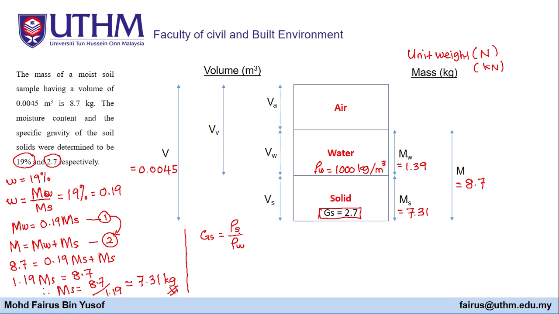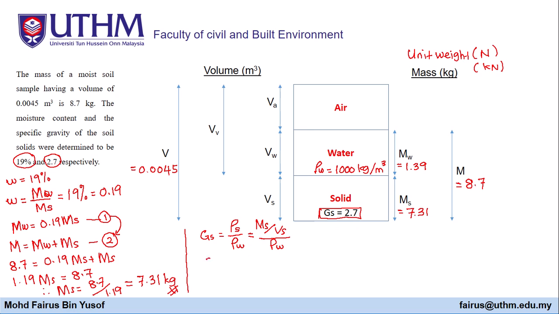Okay, so GS equal to rho S over rho water, and this is the density. The basic equation for density is M divided by volume, right? Mass over volume. So the density of solid equal to mass of solid divided by volume of solid, and then divided by density of water.